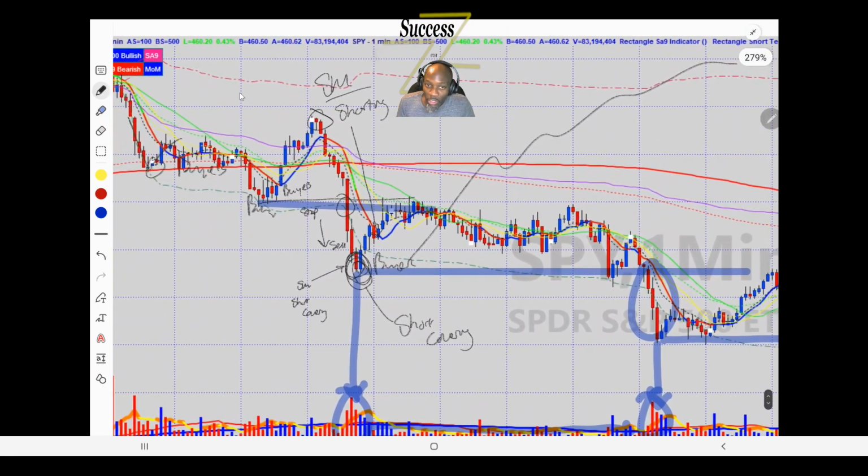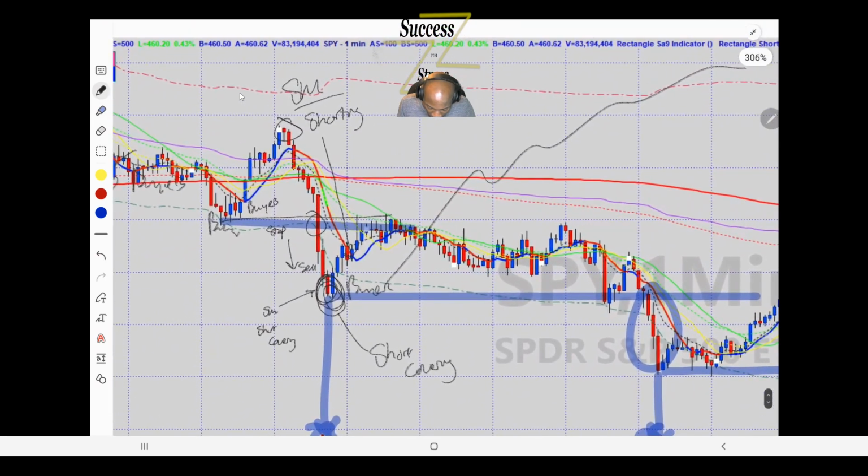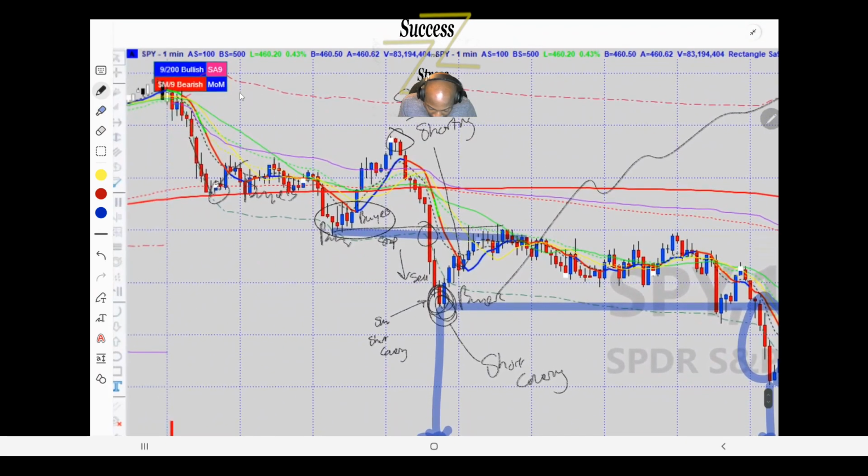Now, why market structure makes sense is because you have people like me and probably some other people who don't really understand market structure that are willing to buy right here because they think that's what happens, or they are, what's it called, averaging down, right?